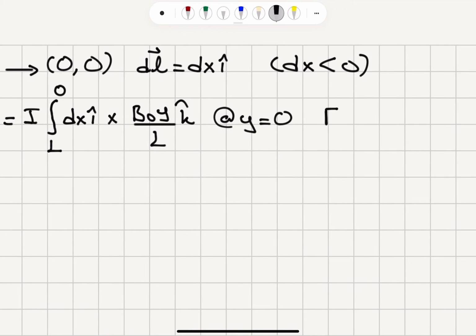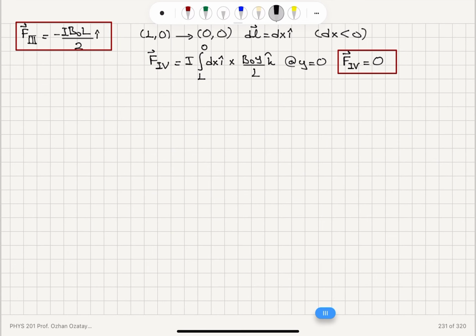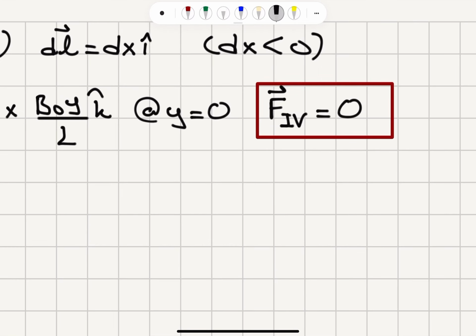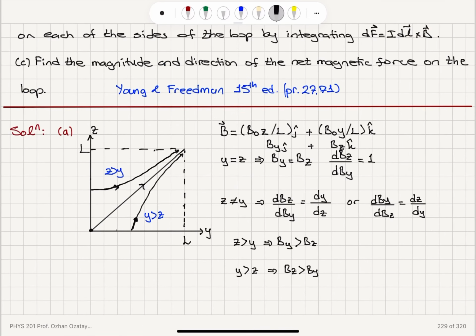So no need to worry about the direction. F on the fourth segment will be equal to 0, in whichever direction you can give here. I hat cross k hat, normally it would be in minus j hat direction, but we can write this as identically 0.